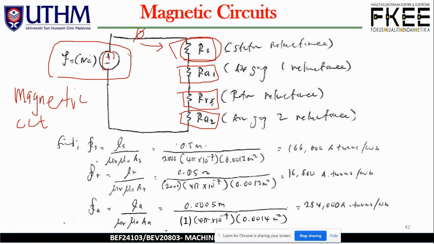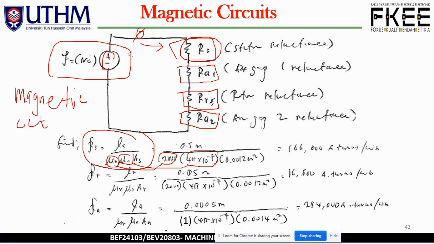Let's start with the first calculation, where we have stator reluctance Rs equal to Ls over mu r mu naught As. The mu r is the value given in the question, 2000. Don't forget, mu naught is 4 pi multiplied by 10 to the power of negative 7.